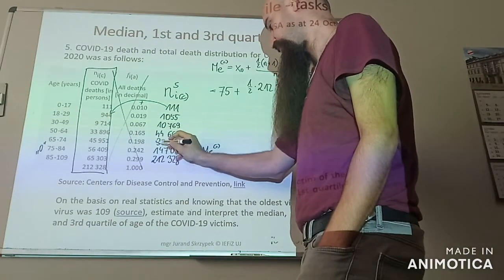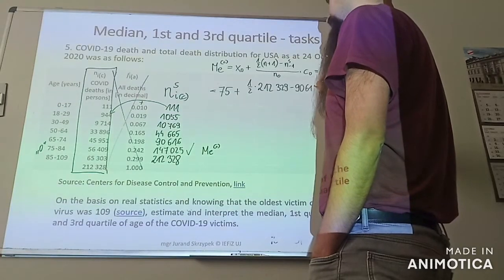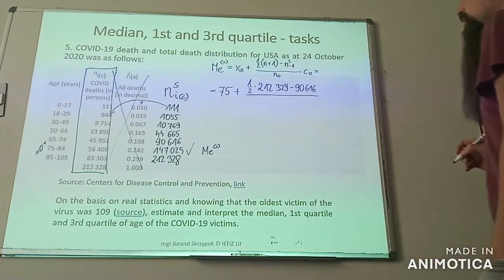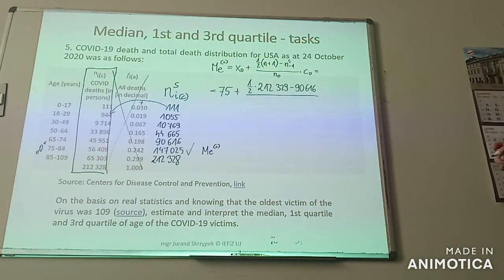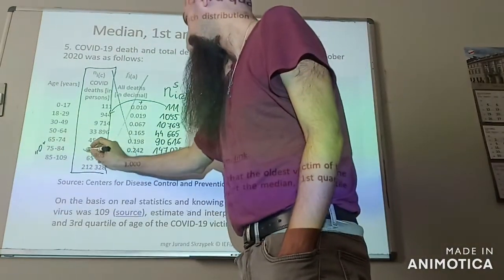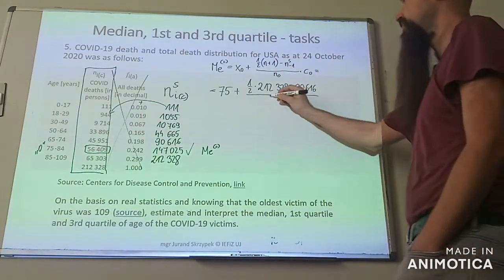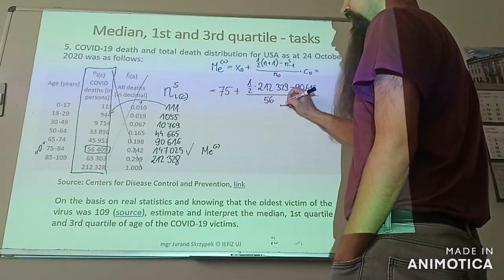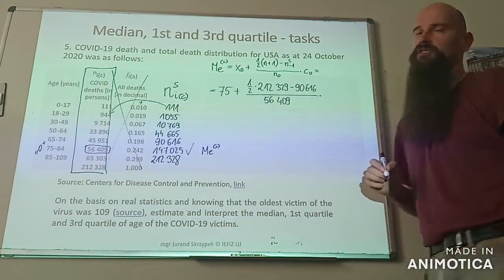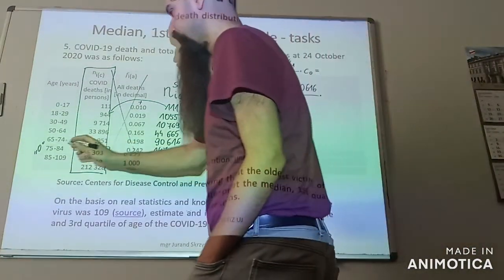The cumulative frequency from the previous class, 96,160, and divide the numerator by n0. n0 is the frequency from the median class, 56,409, and the fraction is multiplied by the range of the median class.